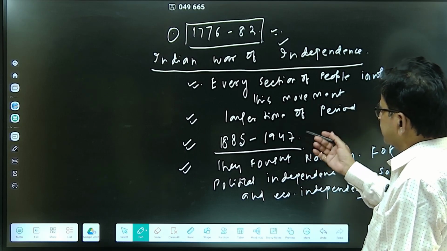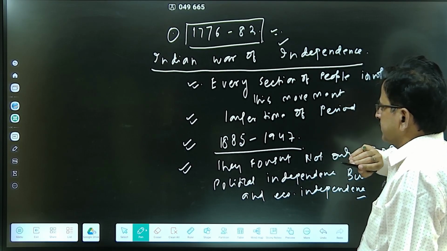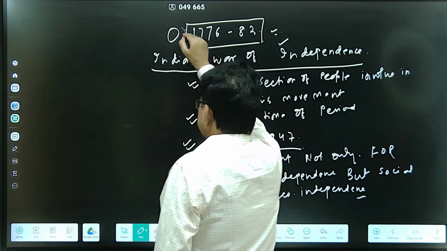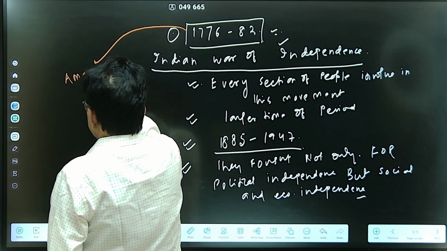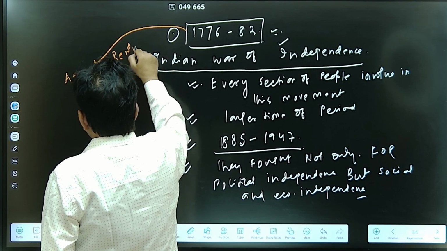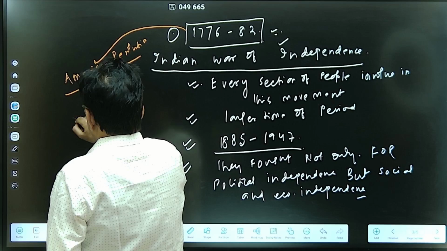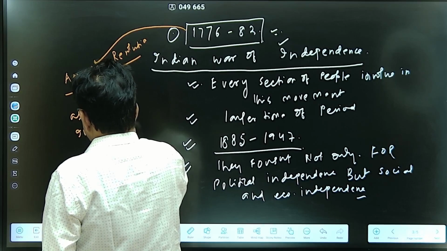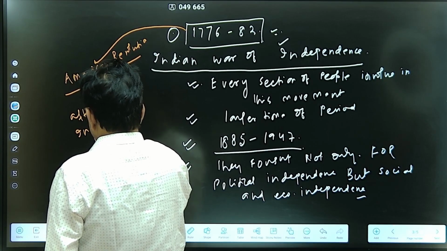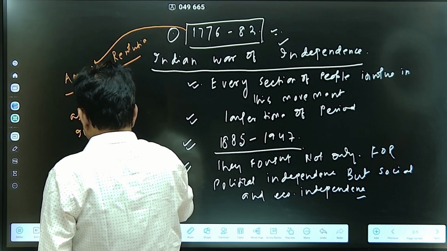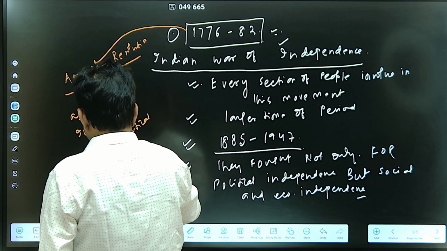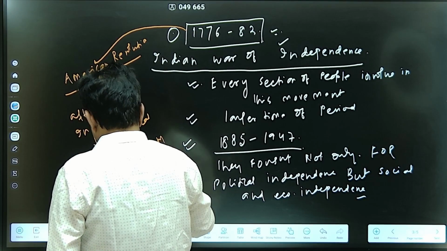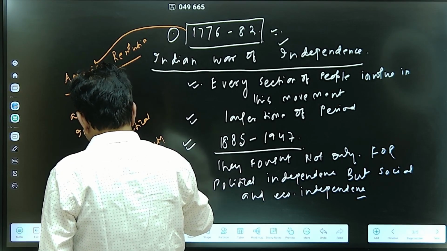War of Independence was only known as the American Revolution, because in 1776 to 83, after getting independence, they made some political changes in the societies, and they formed the United States of America.